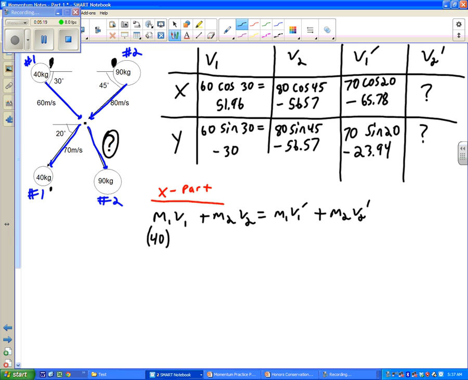I got that number from right here. Velocity 1, that is going to be this number right here, 51.96. Mass 2, that's that guy, that's my 90. Velocity 2, that's here. I'm sticking with the x part at negative 56.57. M1 is still 40.